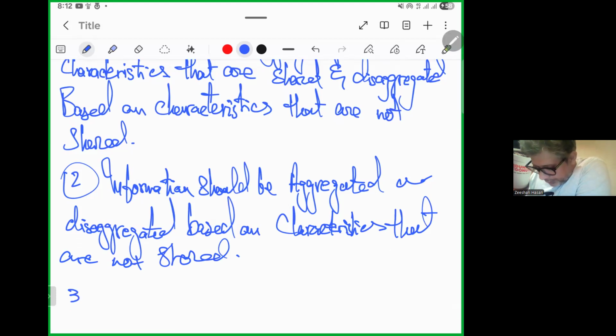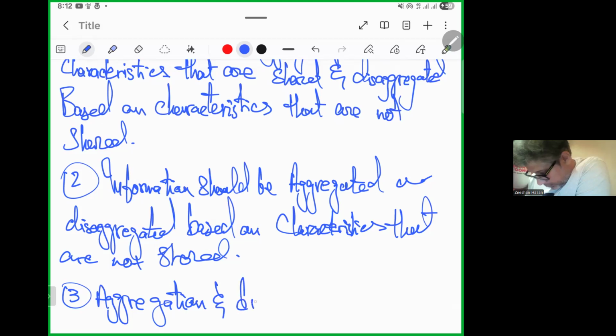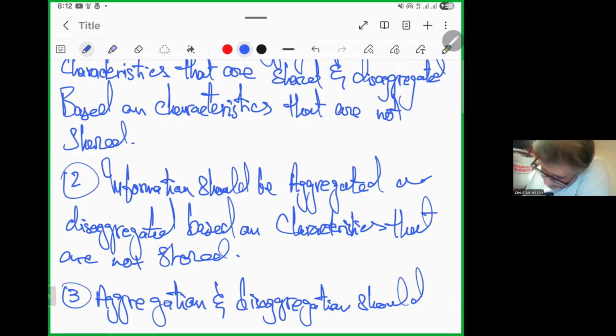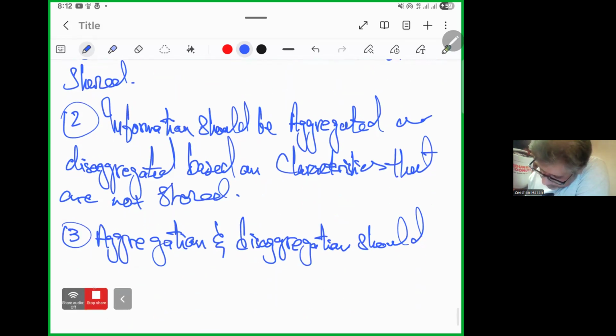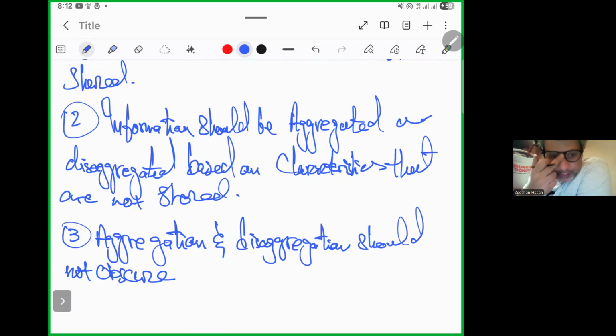Aggregation and disaggregation should not obscure material information.